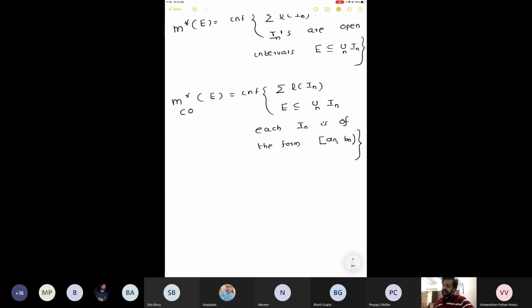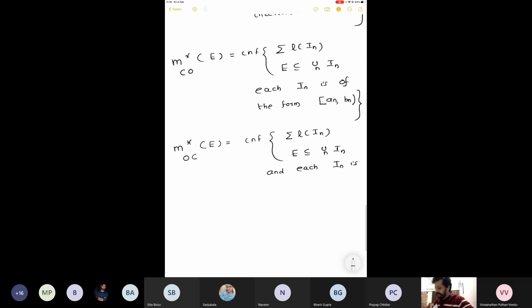Now let us take the third one, that is left open, right closed. So that I will write as M OC star. And how do I define it? Summation of the length of In, where E is contained in the union of In, and each In is of the form open an, closed dn.